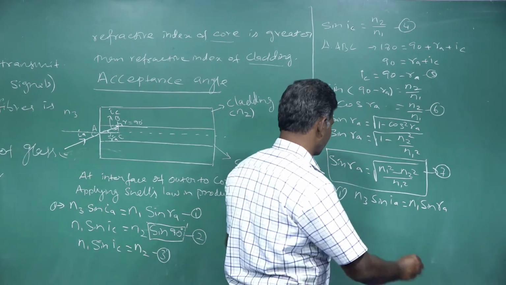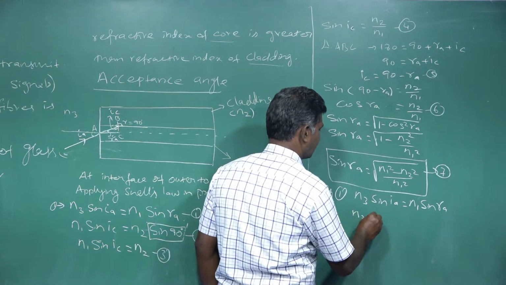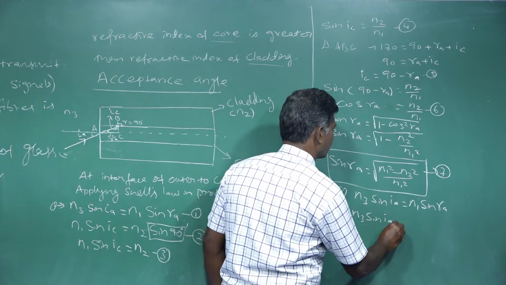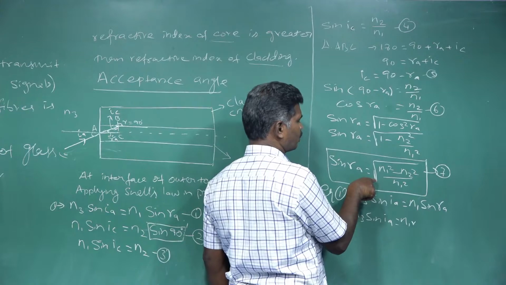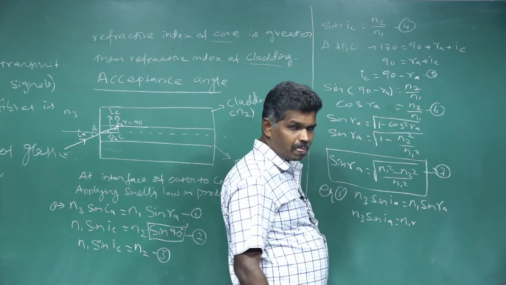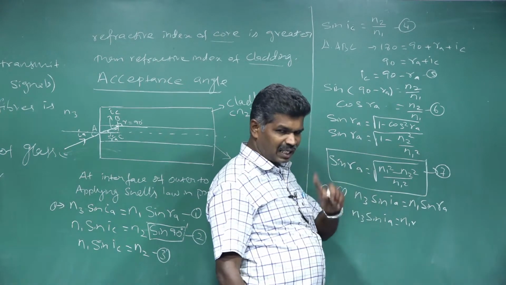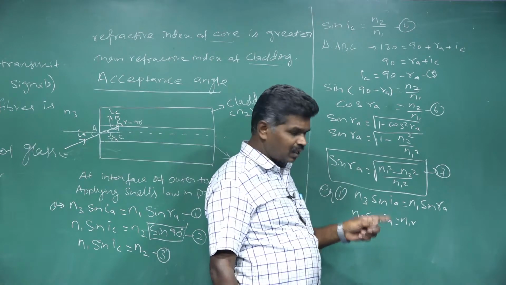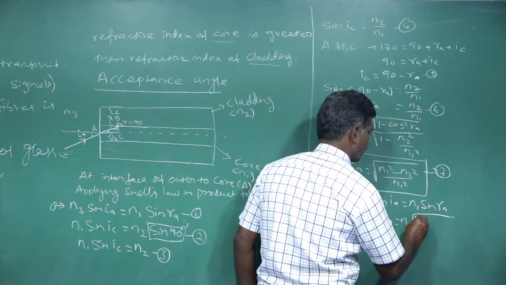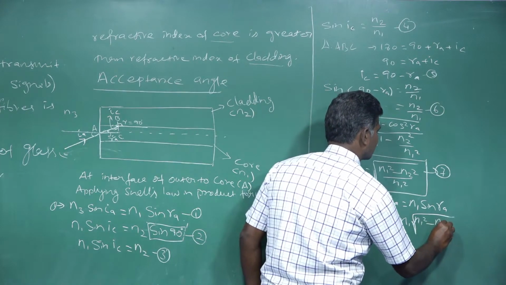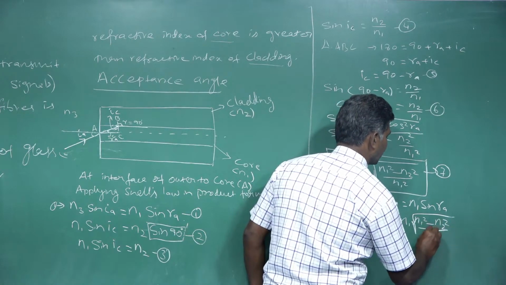If we substitute it, n3 into sin IA equal to n1 into the square root of (n1 squared minus n2 squared) divided by n1 squared.